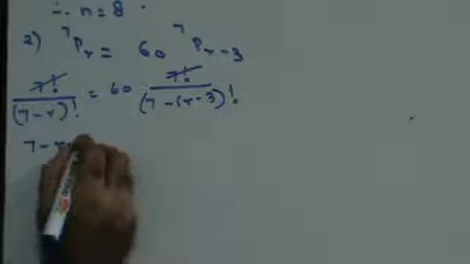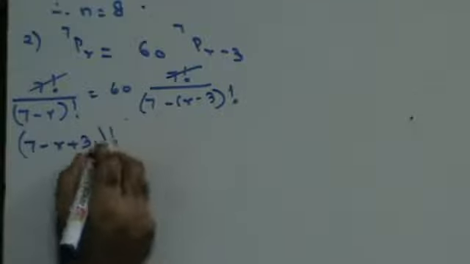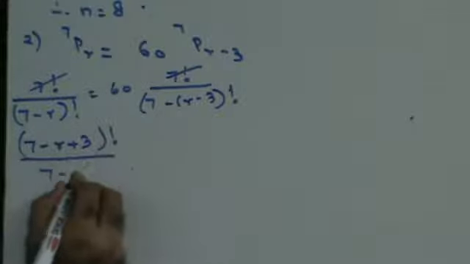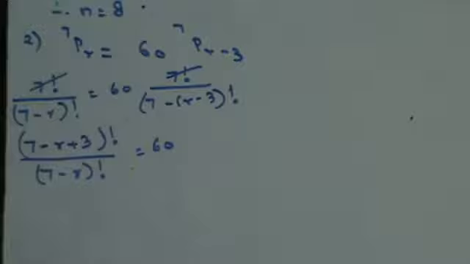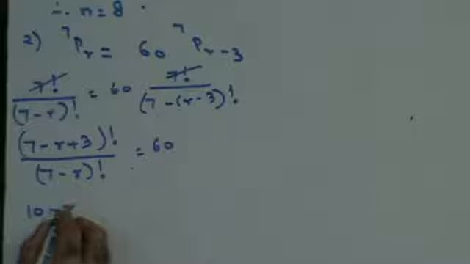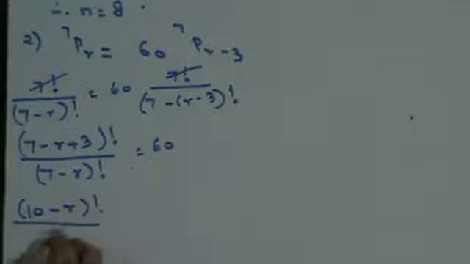7 factorial gets cancelled, cross multiply. I'll get 7 minus r, minus into minus plus 3 factorial upon 7 minus r factorial is 60. 7 factorial gets cancelled. This is 10 minus r factorial upon 7 minus r factorial is 60.